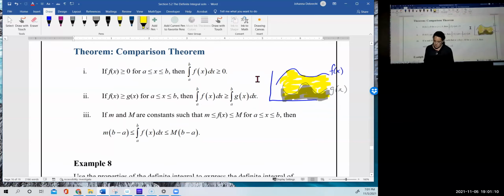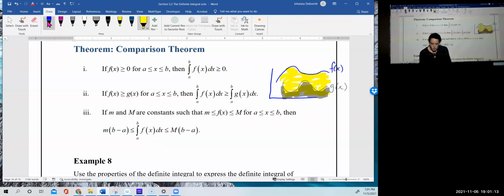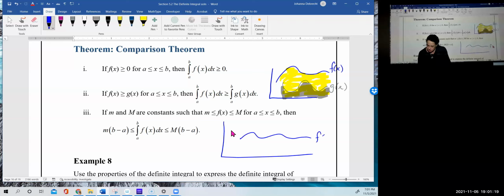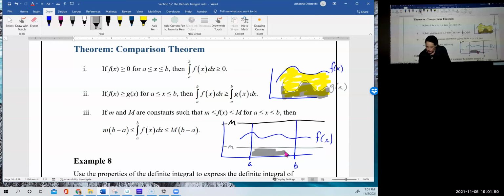So when we think about this particular one, we can think about drawing a curve again. So here's my function for f. And then somewhere up here, I have an M. And M is always the same value. It's a constant. And then down here at the bottom, I have a lowercase m, and it's always the same value. And then I need to find out where a and b are. So if a is here and b is here, then what it's saying is if I divide this region right here, then I've got a certain smaller amount of area here.